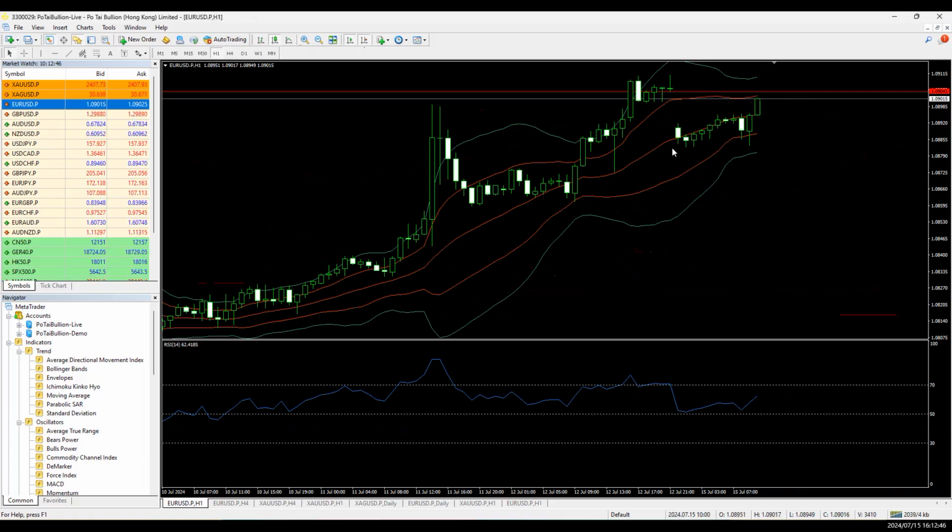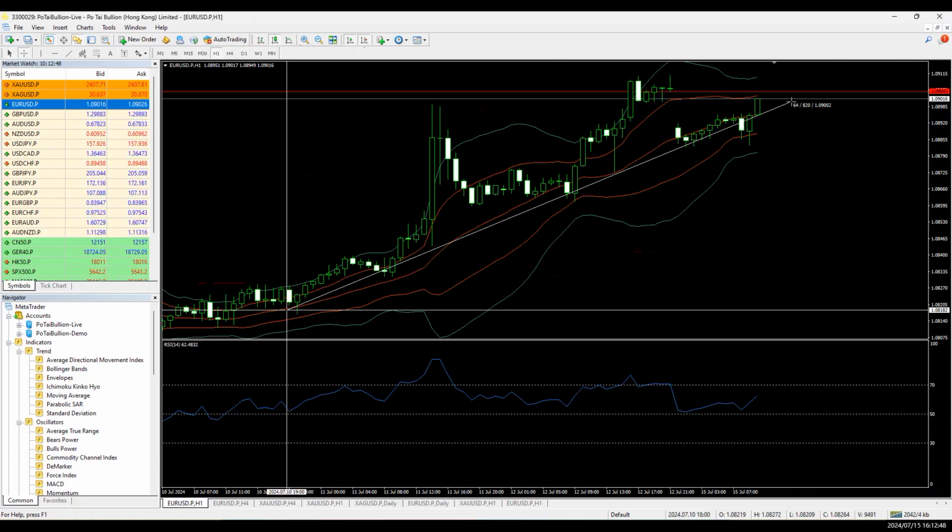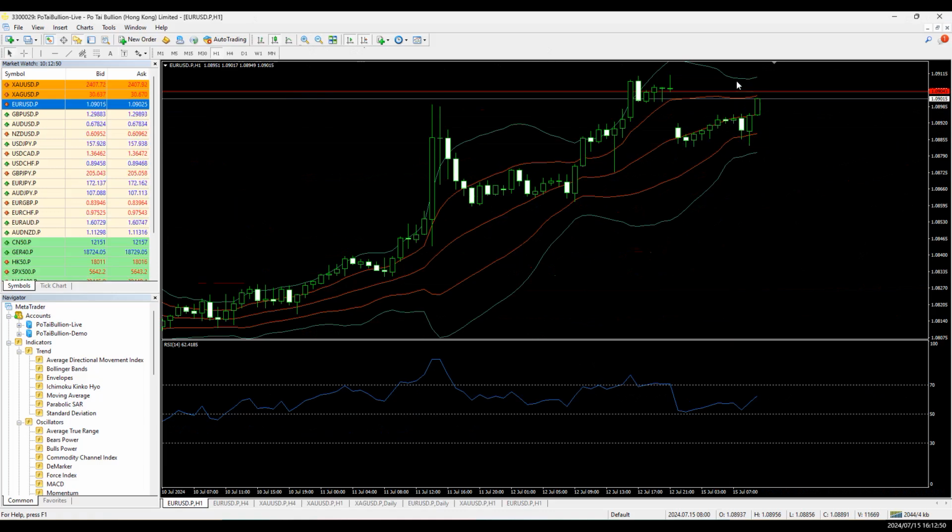But if it is trendy like the market is right now, it's best that the prices will be in between the top bands for more bullishness. Okay, that's how I would read it. Okay, all right. So in general, it does seem Euro USD is on a bullish trend right now.